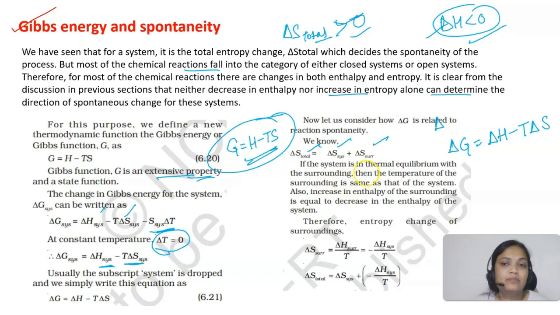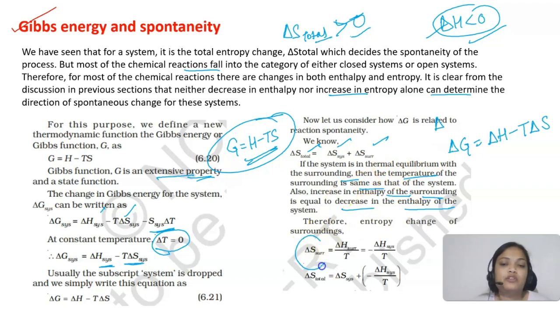And now if the system is in thermal equilibrium with the surroundings, okay, then the temperature of the surroundings will also be same as that of the system. So increase in enthalpy of the surroundings will be equal to decrease in enthalpy of the system.